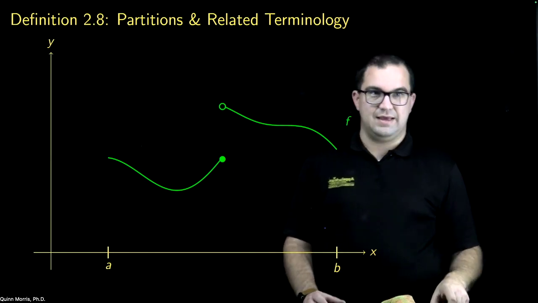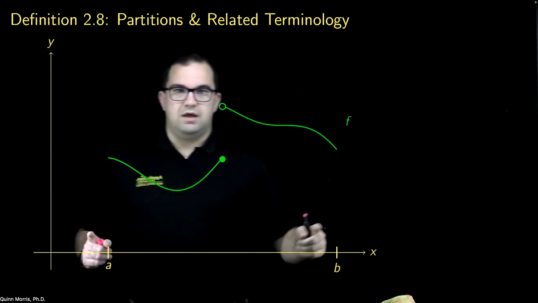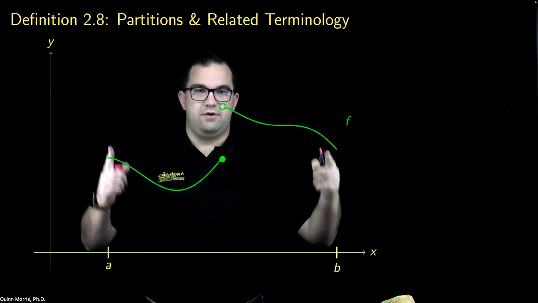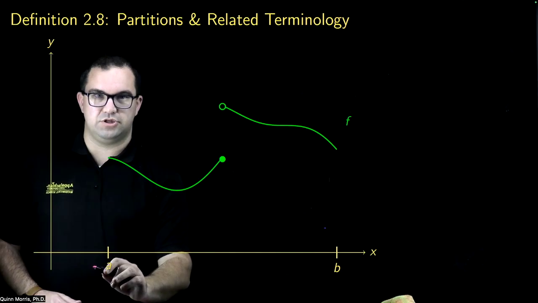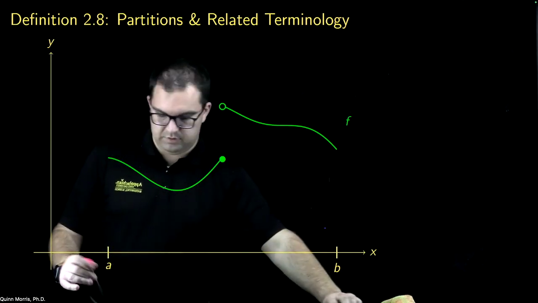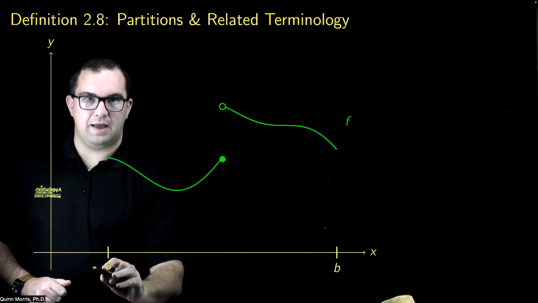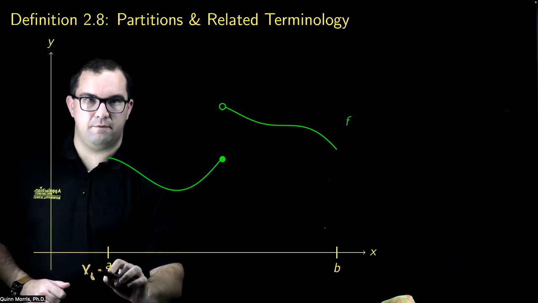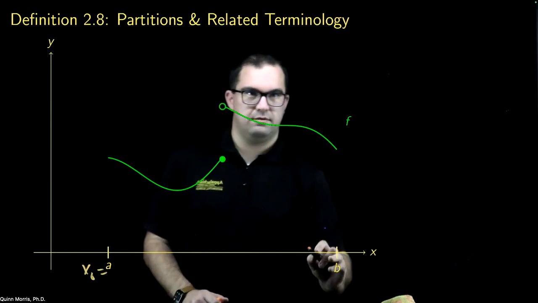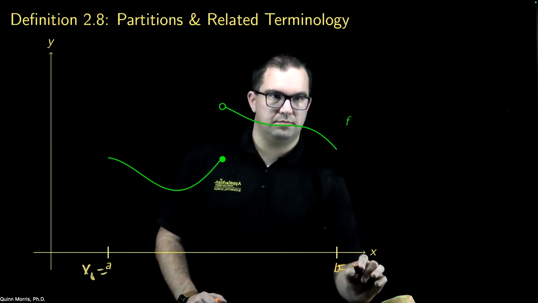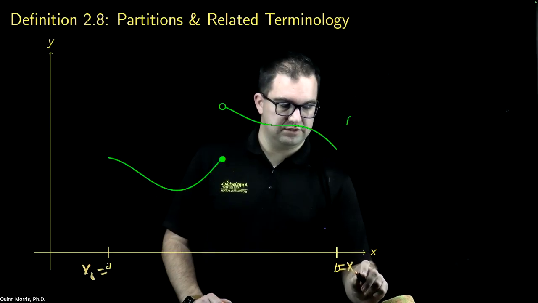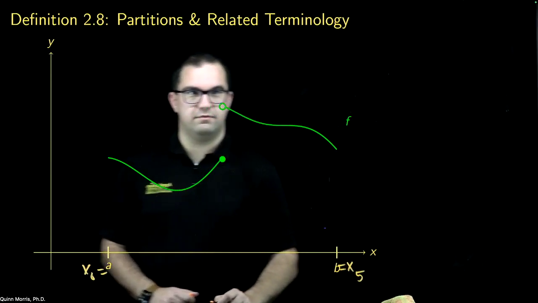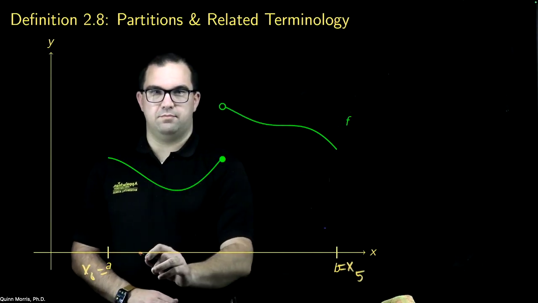The whole idea is that I want to approximate the area under this curve. The first thing I'm going to do is create a partition. So my x0 is going to be A. My B is going to be whatever it is. For the purpose of illustrating this, we'll again just go up to 5. And then we'll pick some points in between.